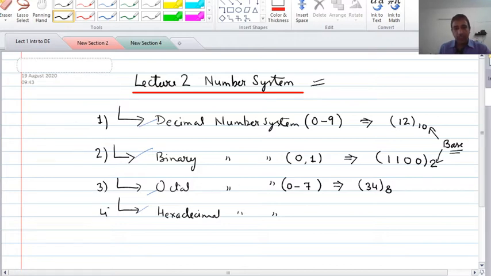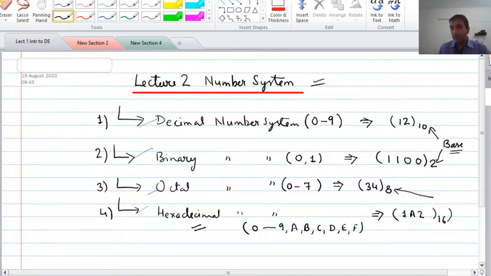Similarly, the fourth one is the hexadecimal number system. Here we can use 0 to 9 and then A, B, C, D, E and F to represent a number in hexadecimal form, where hexadecimal represents a number with base 16, for example 1A2 with base 16.